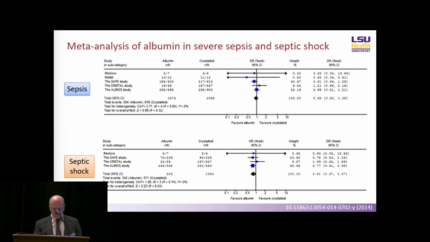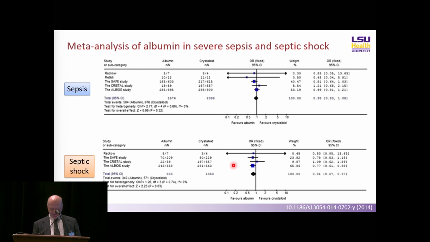And here's a meta-analysis using albumin for severe sepsis and septic shock, looking at several studies together in sepsis, showing again overall in just sepsis patients, no significant difference. But if you focus down in those septic shock patients, the ones that we know have the dysregulation of the peripheral vascular system, the ones that have the damage to the glycocalyx perhaps more than any other group, these are the ones that showed a significant improvement.